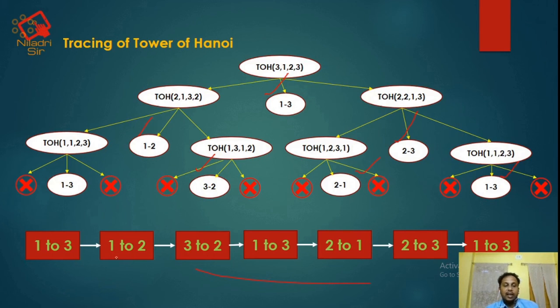You can check that there are 2 to the power n minus 1 steps. So here the value of n is 3, 2 to the power 3 minus 1 is 7 steps. Okay, so you can see there are 7 steps.